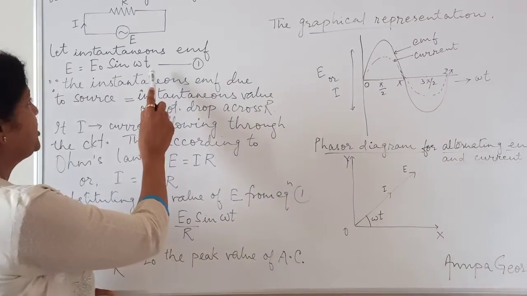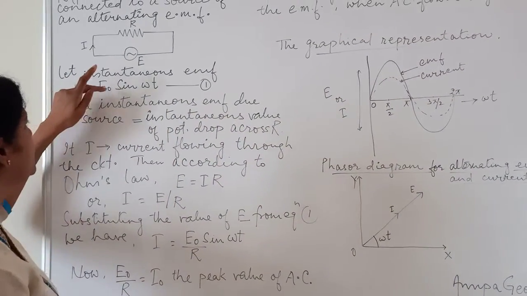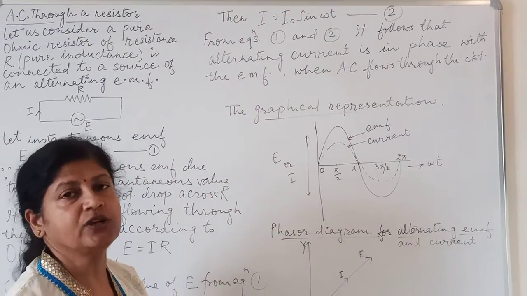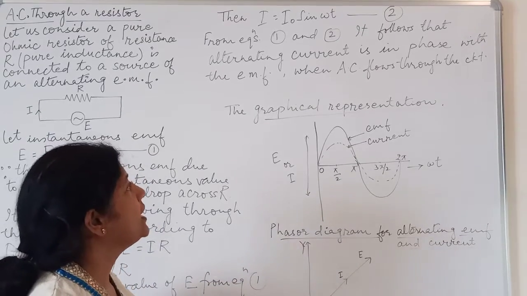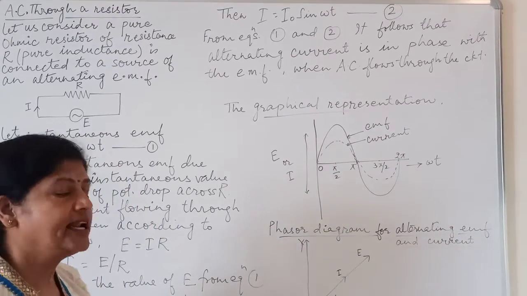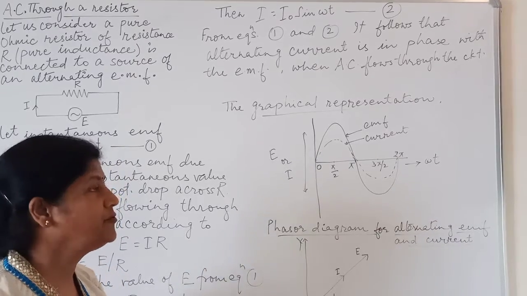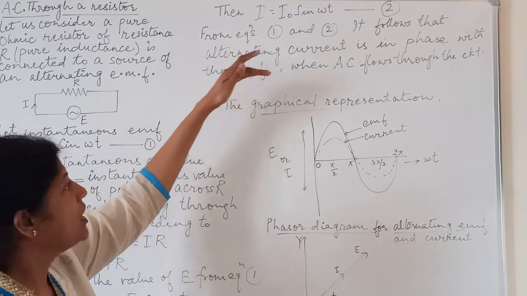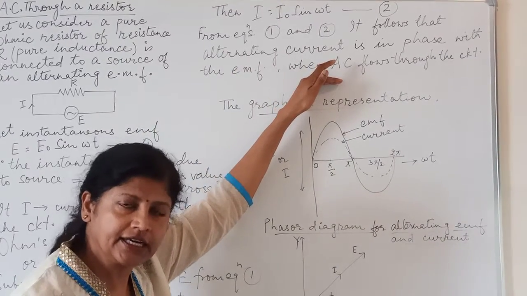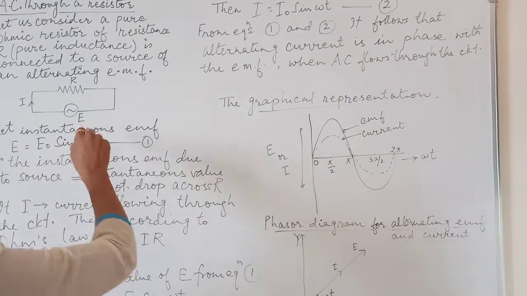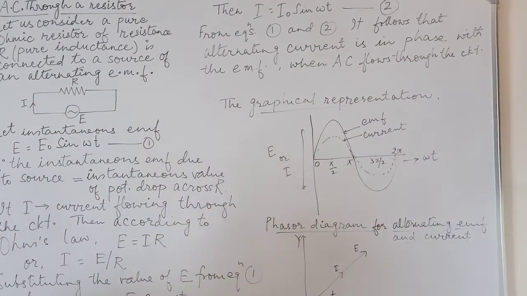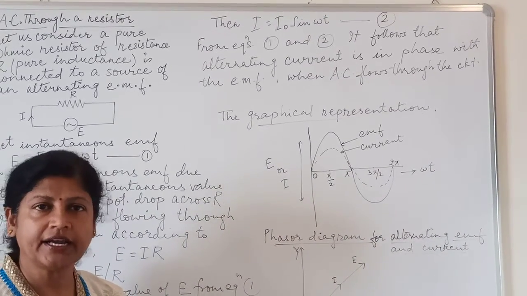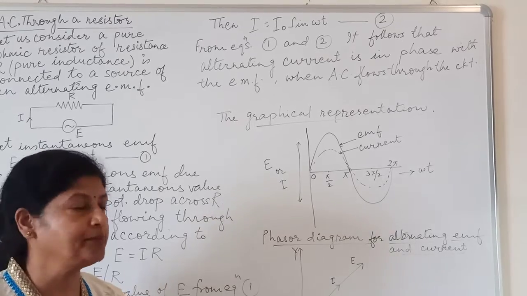Now, from equation 1, E is equal to E naught sine omega t, and from equation 2, I is equal to I naught sine omega t, it follows that alternating current is in phase with alternating EMF. Both are in the same phase.